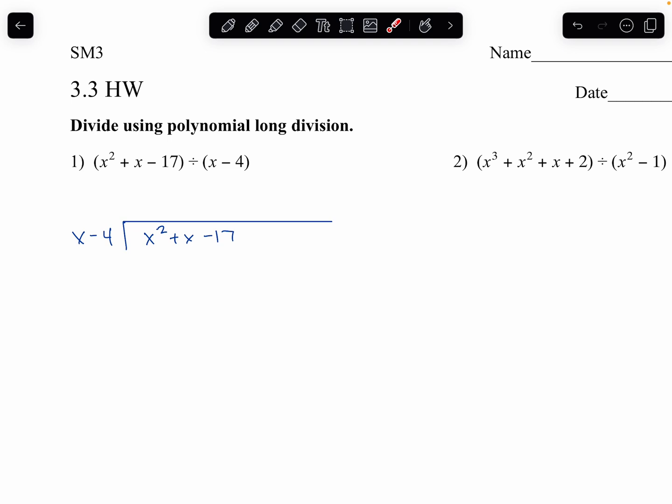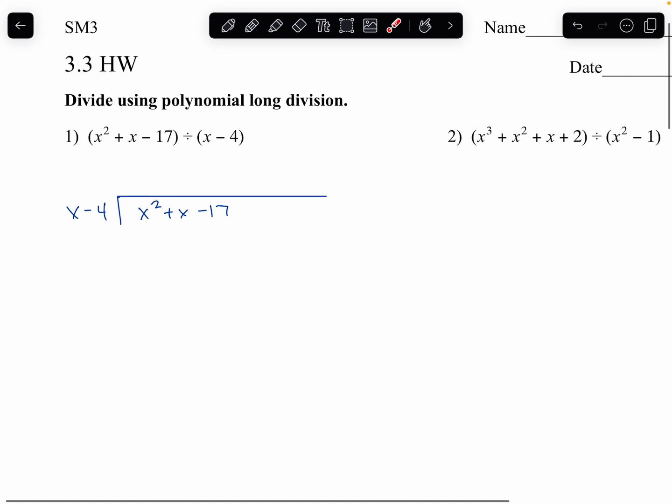So first of all, we're going to take the first term of each, the divisor and the dividend, and we're going to see how many times the first term in the divisor can go into the first term of the dividend. So how many times can x go into x squared?